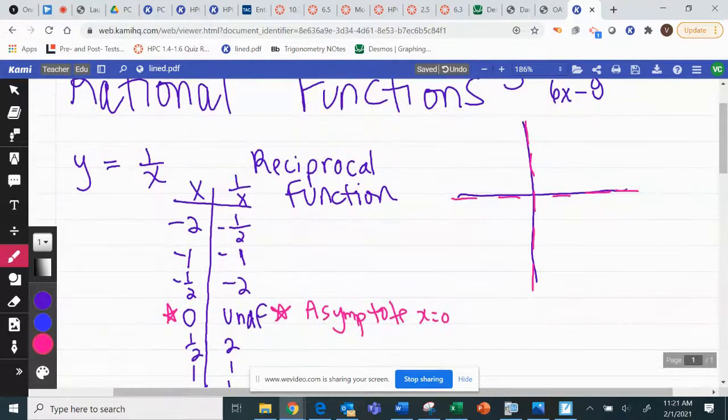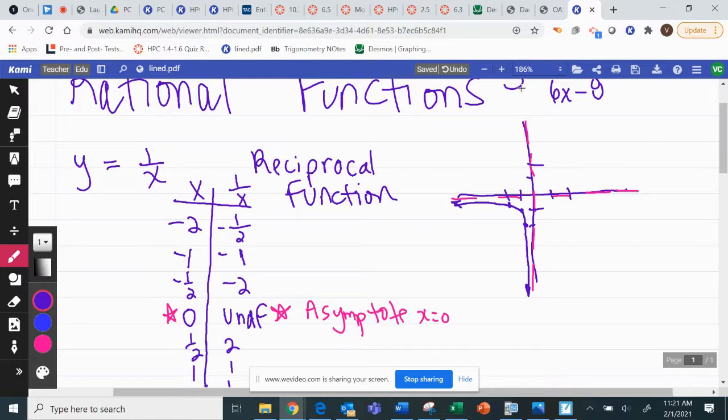So then we take our points and we graph them. So -2, -0.5, -1, -1, -0.5, -2. And if you were unsure, you could always plot more points in your table. But this is what it looks like.